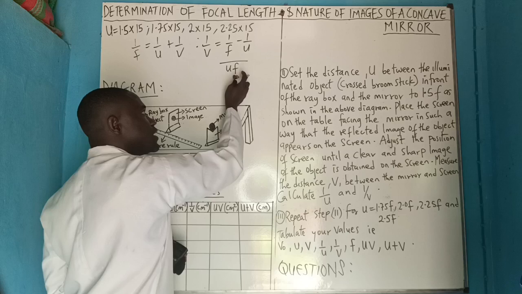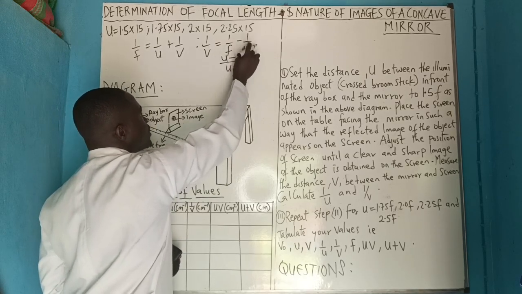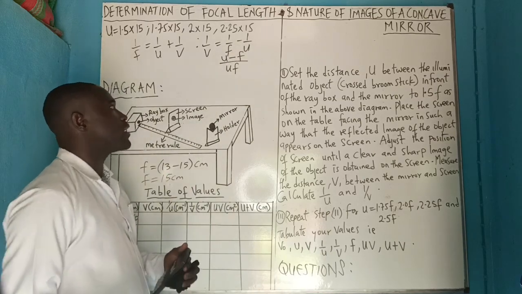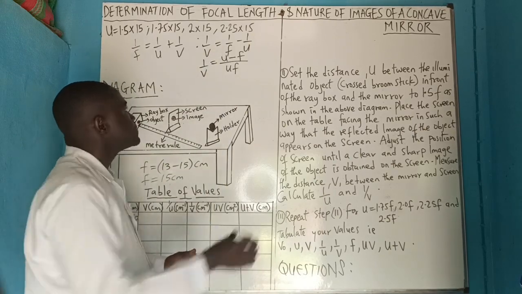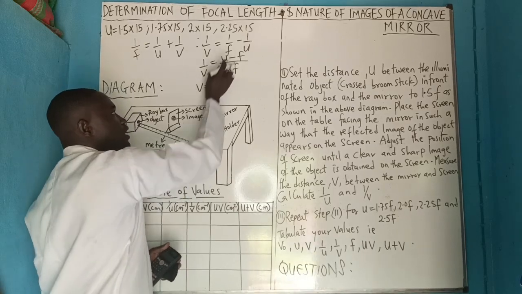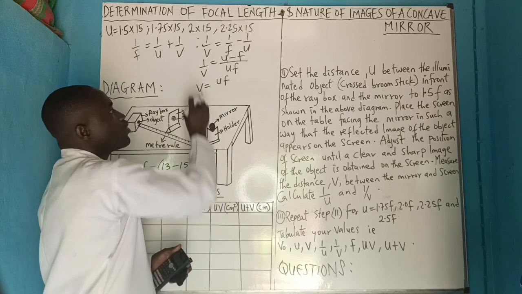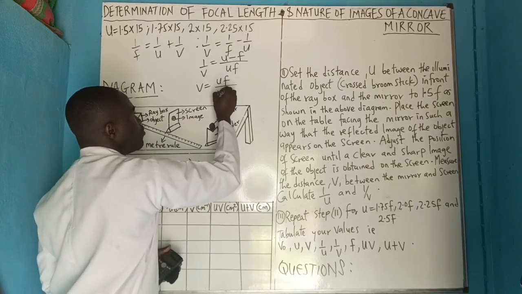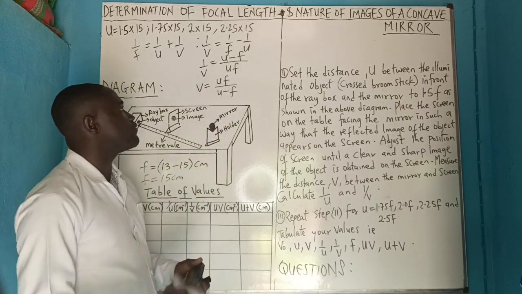This times this will be the LCM. This divide this, U times this U, minus this divide the F times this F. You have it this way. Okay? 1 over V equals to this. Then your V will be equals to, if you invert this, you get V. Inverting this, you have UF over U minus F. So this is the formula we are to use to get our V.